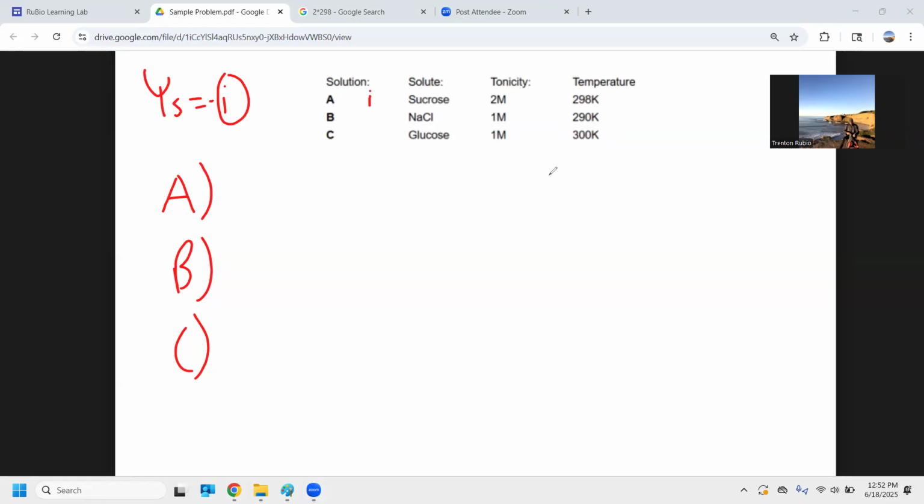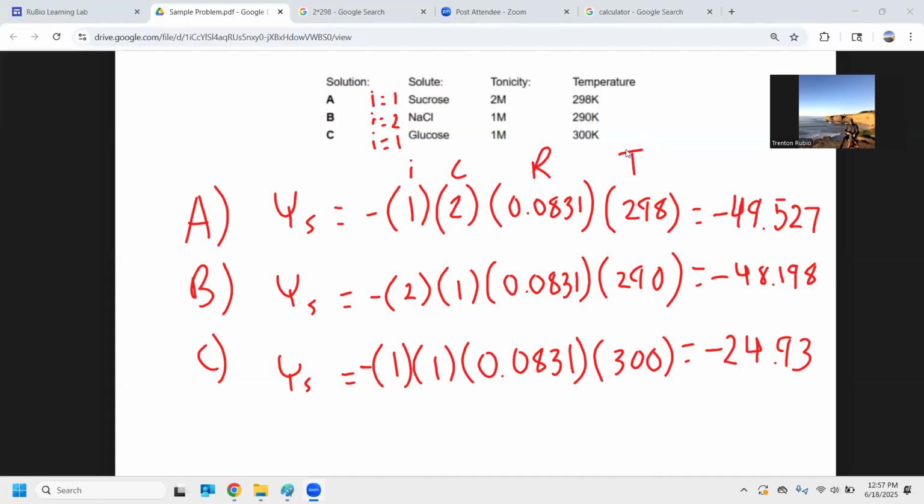So for solution A, i is 1. Solution C is another type of sugar, glucose, so it's 1. However, in solution B, the ionization constant is 2 because sodium and chloride dissociate into two separate ions when dissolved in water. Go ahead and pause again and try to keep solving.